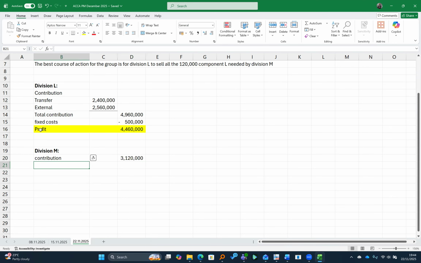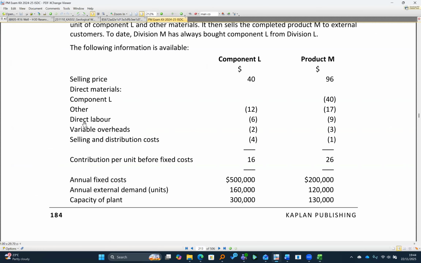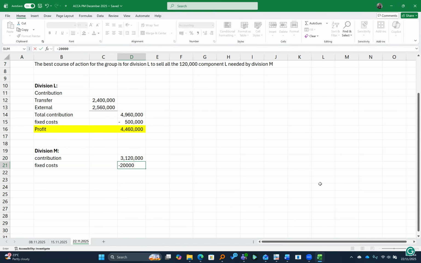That's 120. Then fixed costs, I think fixed costs are 200. Oh, 200, sorry. Yeah, 200. So that gives us the profit, 2.92. So this is the profit for division M.